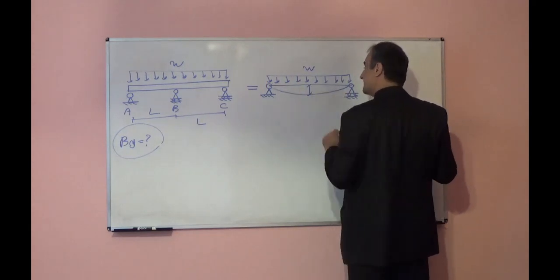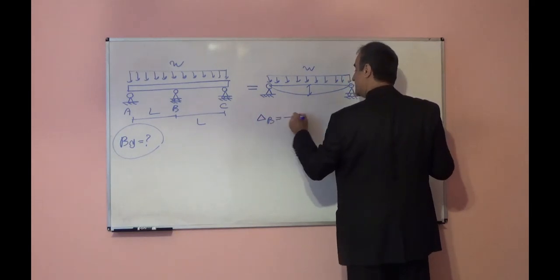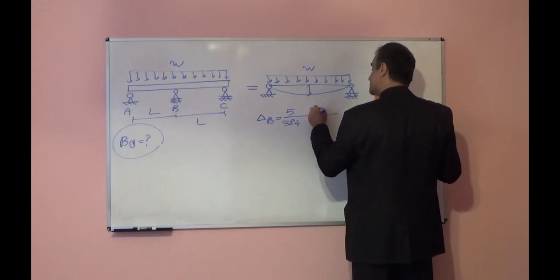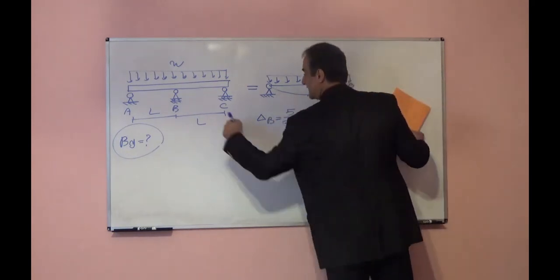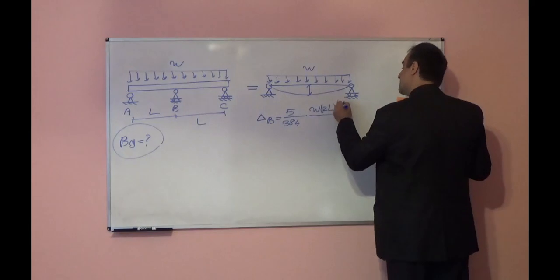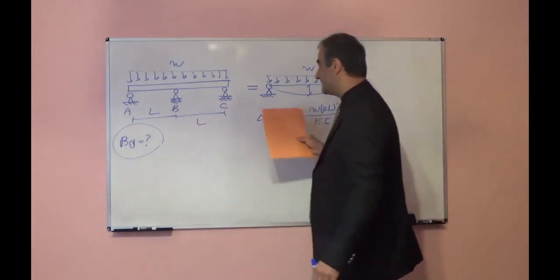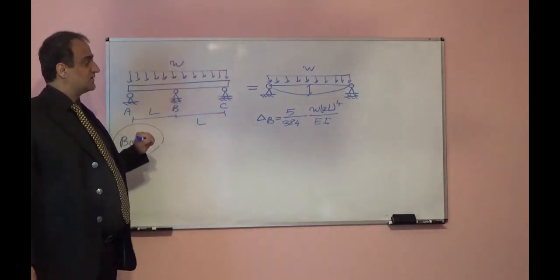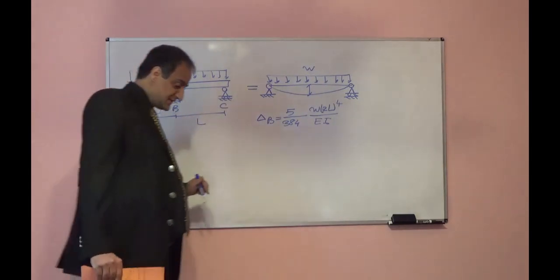The maximum deformation at point B, delta B, will be 5 over 384 times the intensity of the load, length, which is here 2L, the entire length, L plus L, 2L, to the power of 4, over EI. If we don't have support B, this point will move down, and the amount of sagging or deflection we can find.